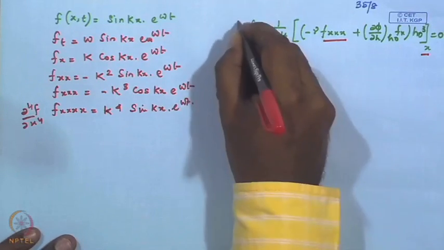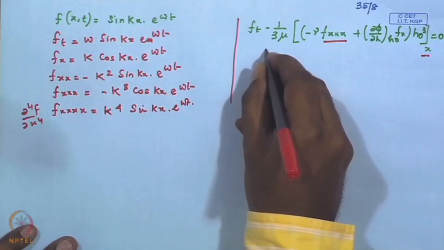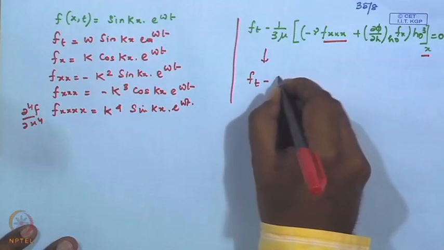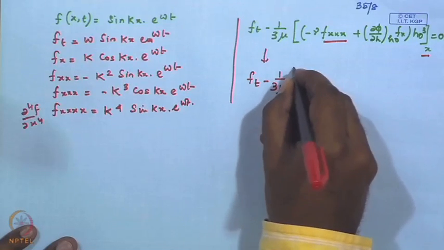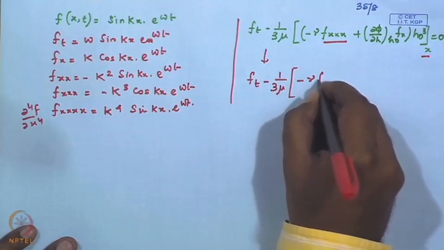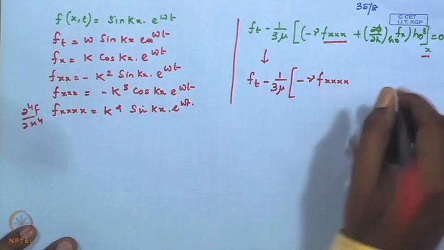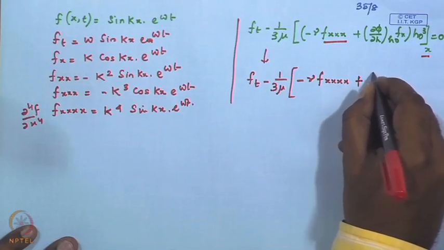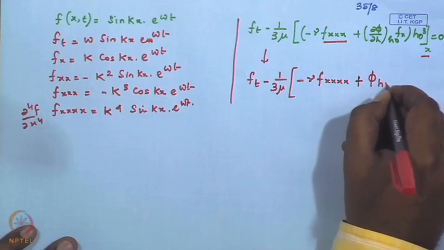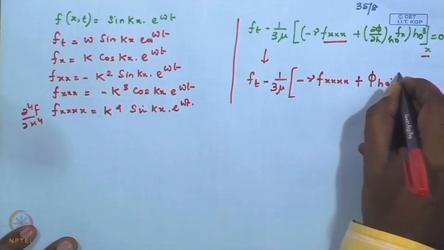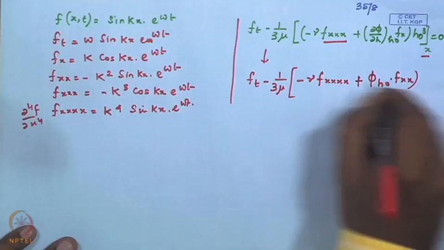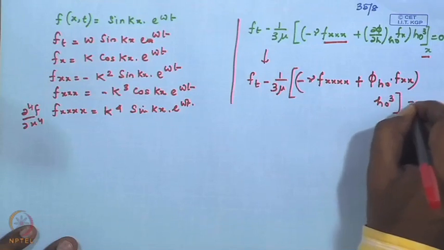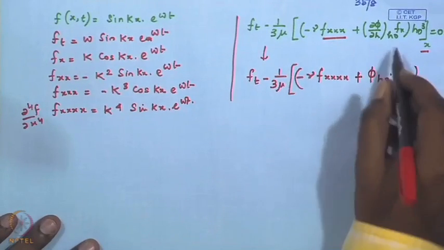Now that everything has been linearized, you can subsequently work on this expression. So, this now becomes γ f_xxxx, and the term with φ evaluated at h 0 times f_xx times h 0 cube is equal to 0, because this is now a constant.